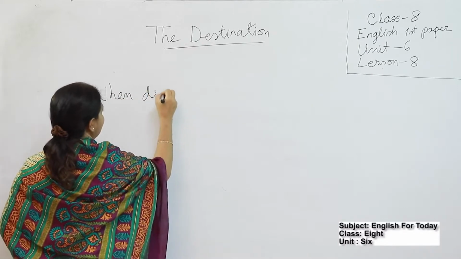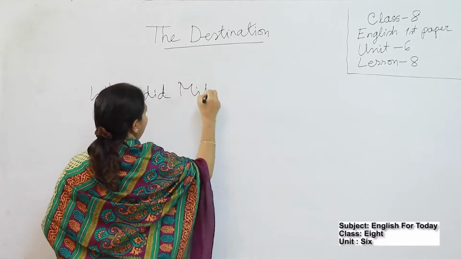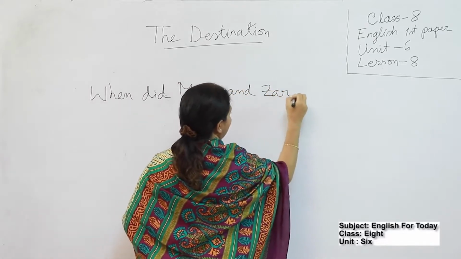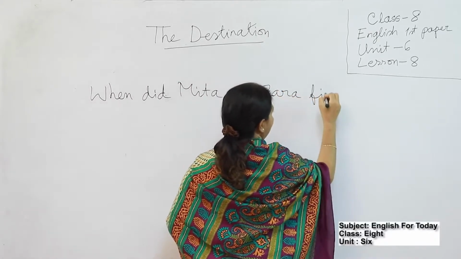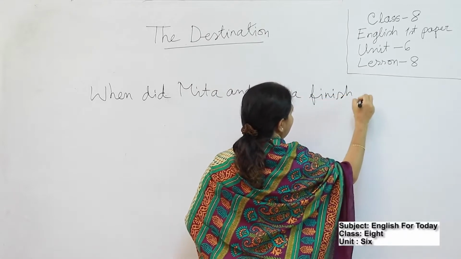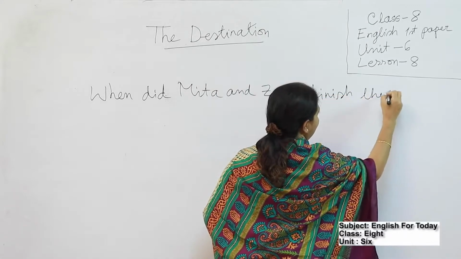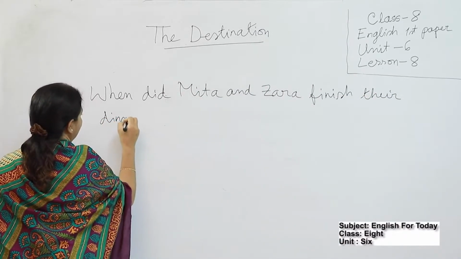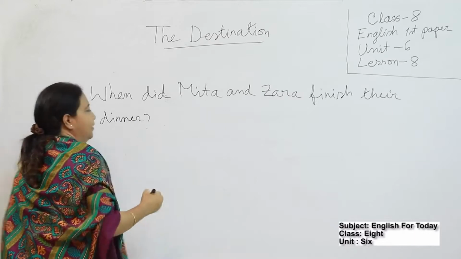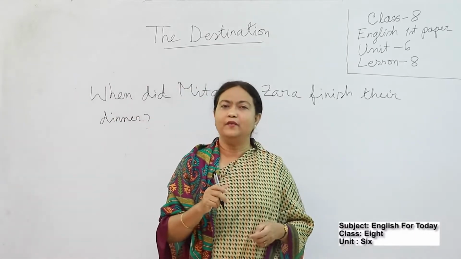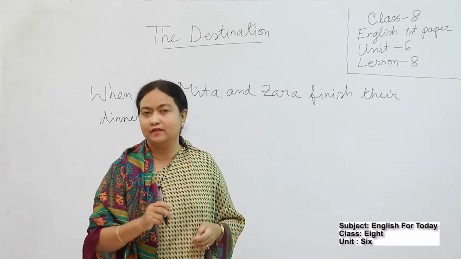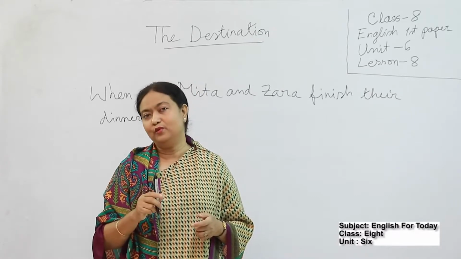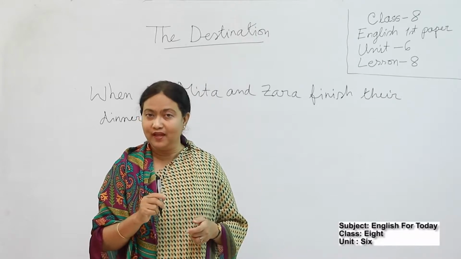When did Mita and Zara finish their dinner? Okay, after reading you have to answer this question, and at the same time you have to look at the new vocab. Okay.